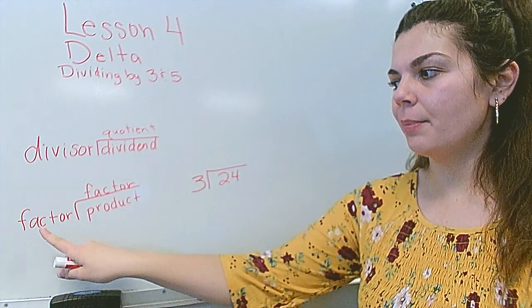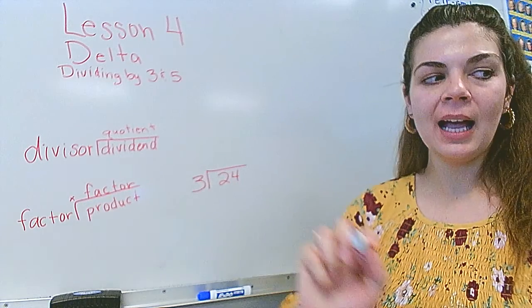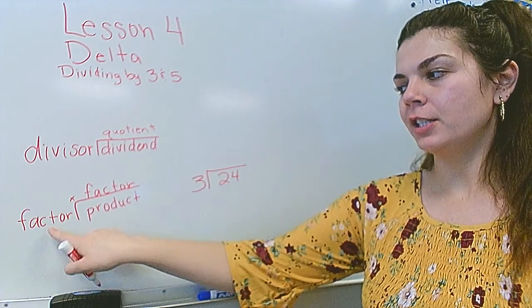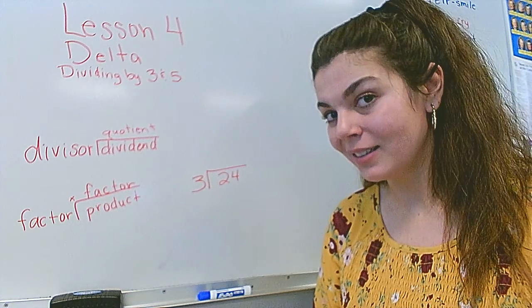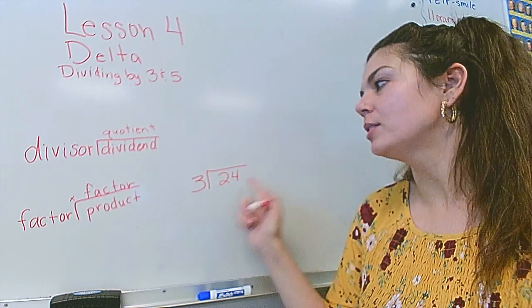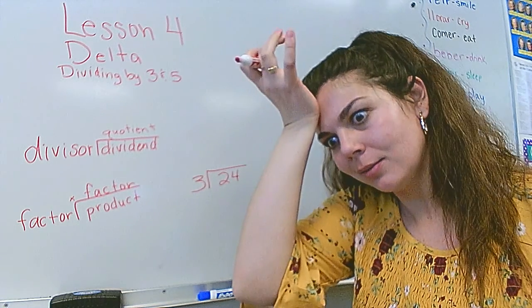So how this is set up is factor, it's like there's an invisible times right there. Factor times factor is the product inside. So if you didn't know, how many 3's go into 24?